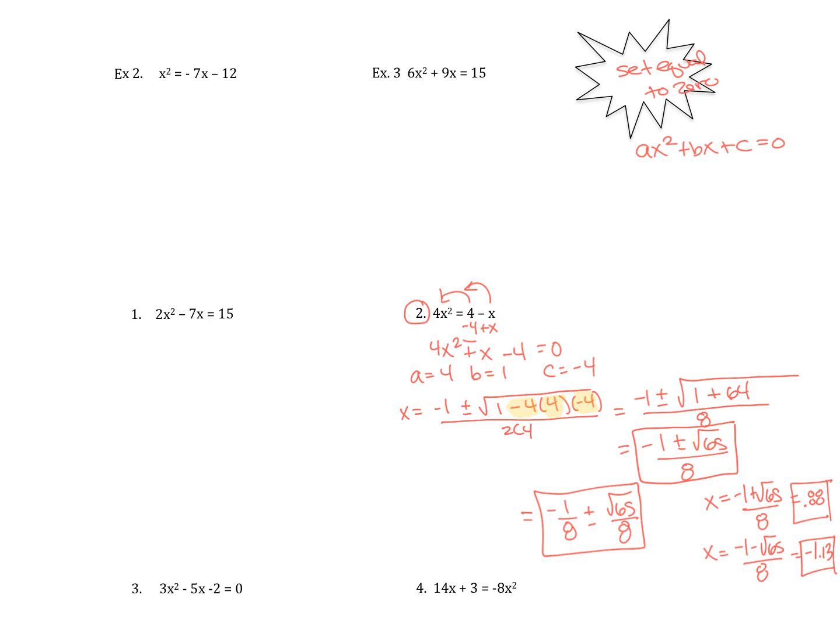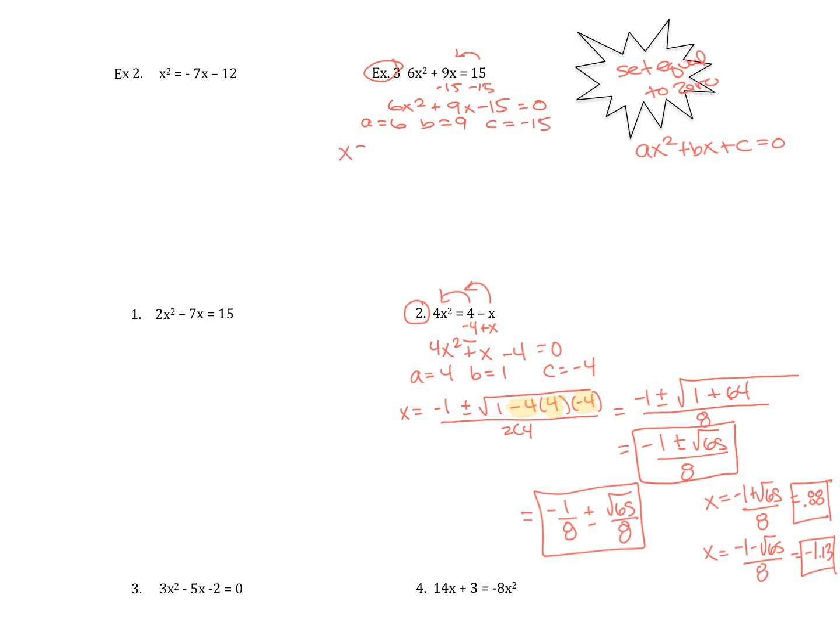Let's look at example number 3 at the top. Again, it's not set equal to 0. I need to move this 15 over to the other side, so I'm going to subtract it from both sides, and I get 6x squared plus 9x minus 15 equals 0. So this is in the correct form, and I get A equals 6, B equals 9, and C equals negative 15.